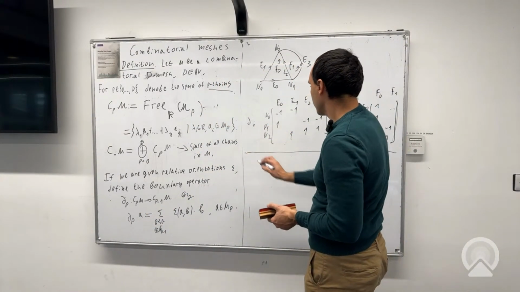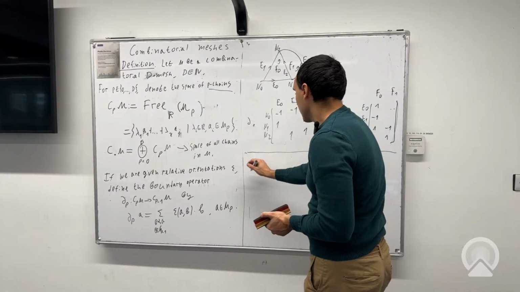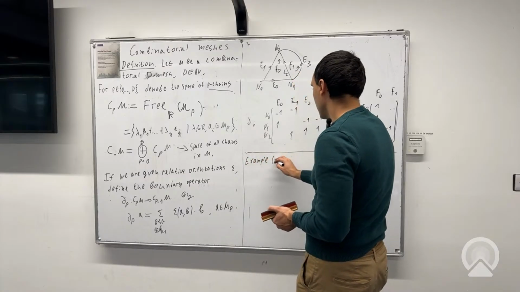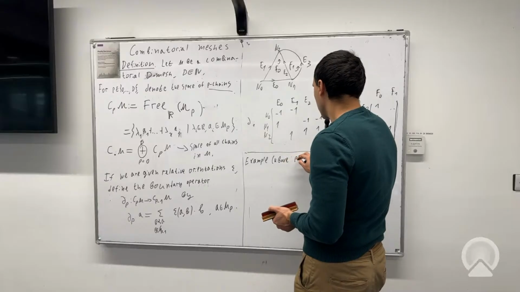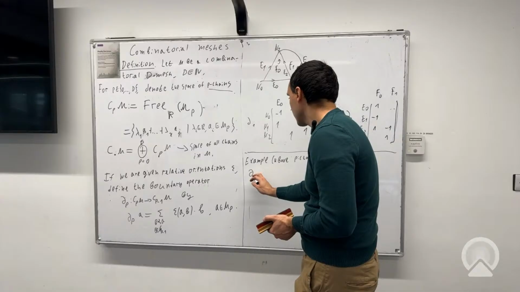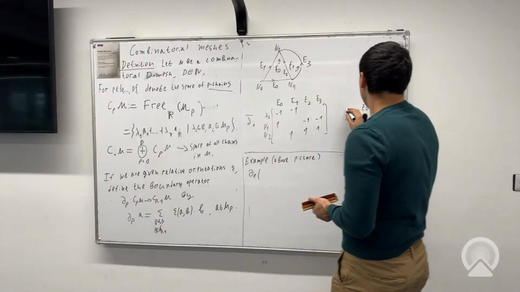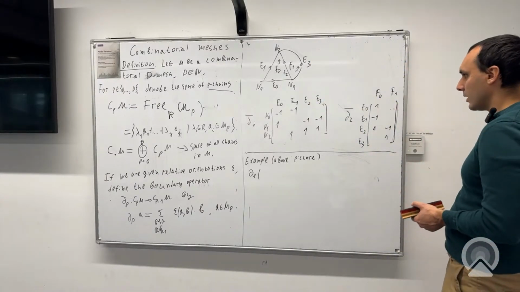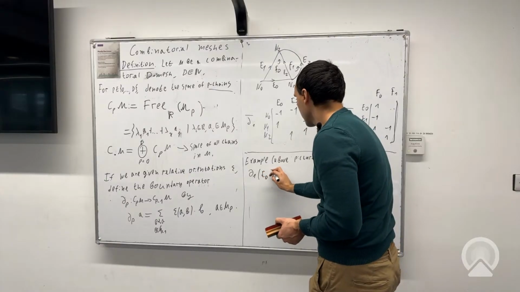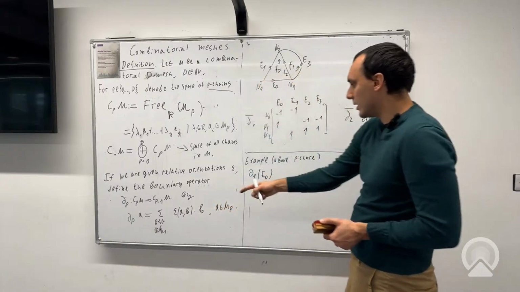So here, in the above picture, d_1 of, let's say, E_0 is the sum of all boundary elements with their relative orientations.